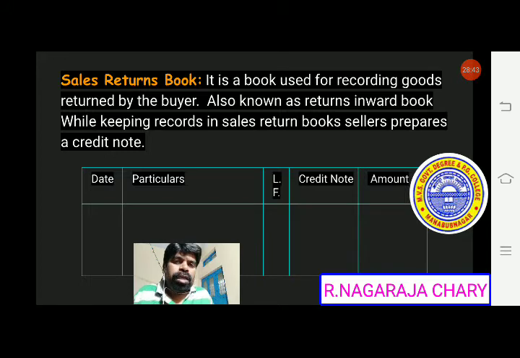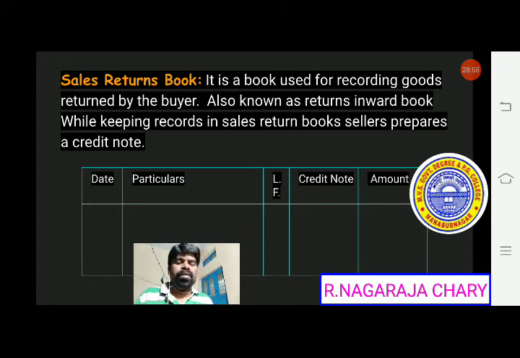This is an inward book, whereas the earlier one was an outward book, because there we purchased and returned. Now we sold and we are receiving. That is why this is known as the inward book.